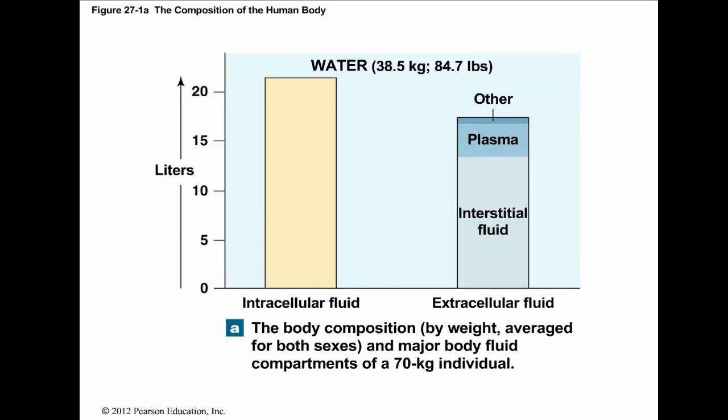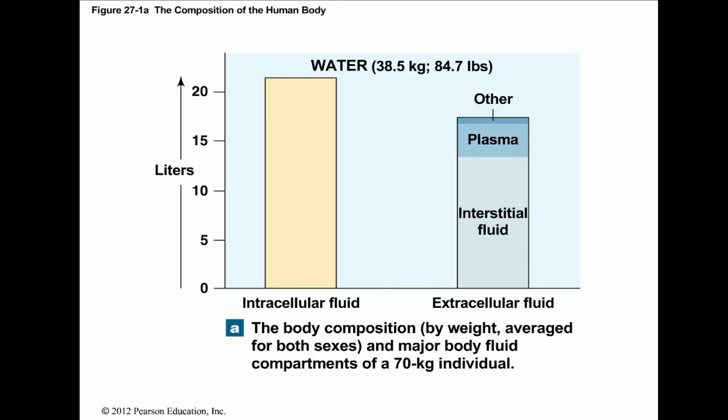The extracellular fluid is in the interstitial fluid, so that's the fluid around the outsides of the cells, and then it is in the plasma, which is the liquid which carries the formed components through the blood system, and then the other fluids, which would be the cerebrospinal fluid and the fluid in the pleural cavities, as we spoke about, aqueous humor.